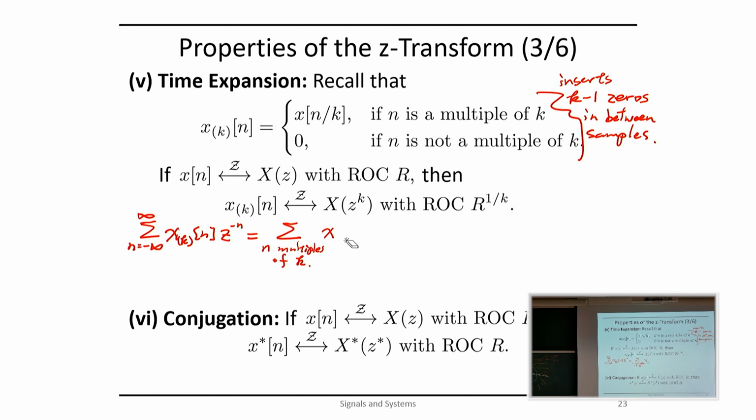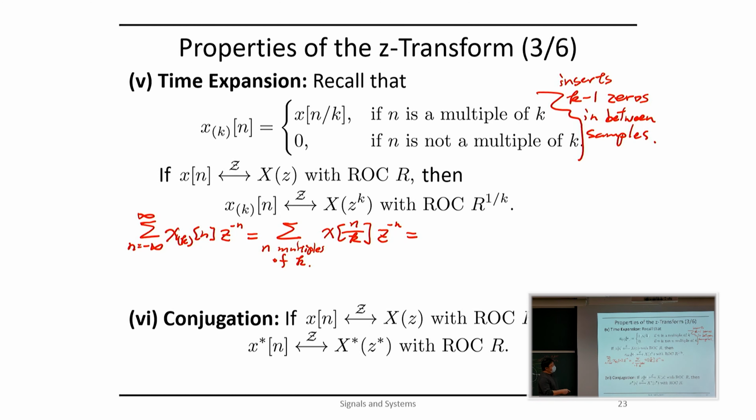And for those values, x sub k of n is x of n over k, times z to the minus n.